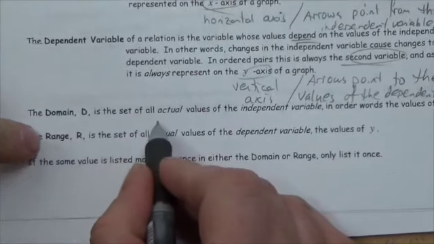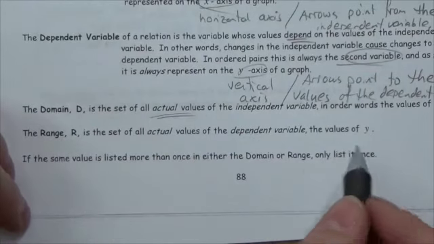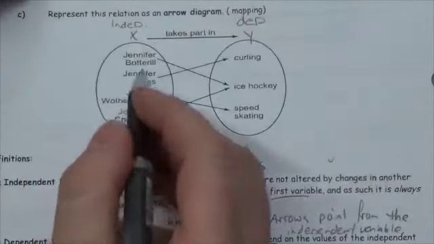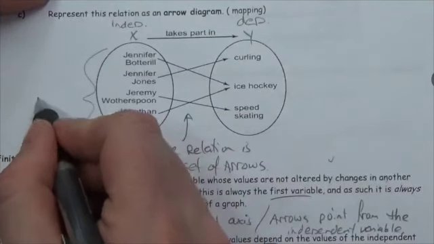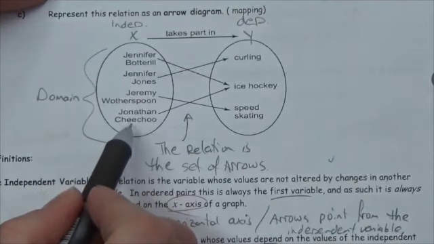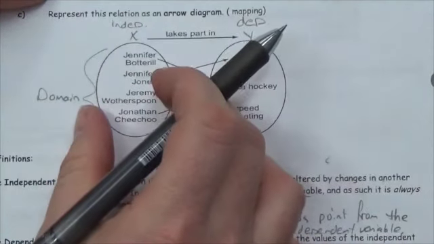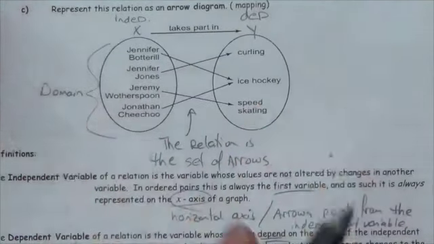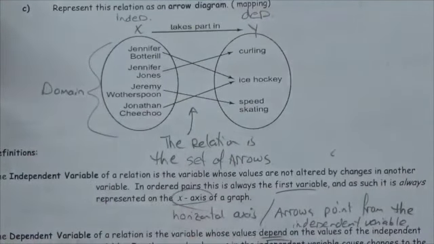The domain is the set of all actual values of the independent variable. So this right here is the domain. These specific people are the set of all of the possible values of x in this particular context. So this represents the domain of this relation.